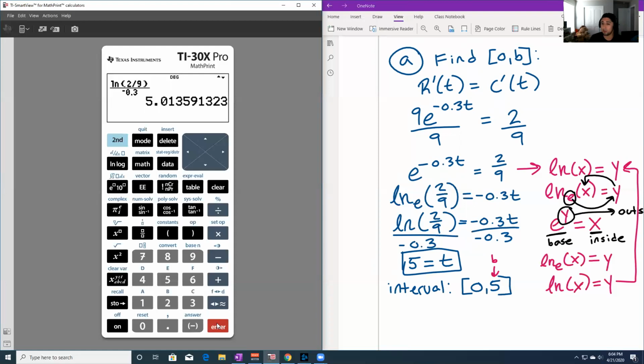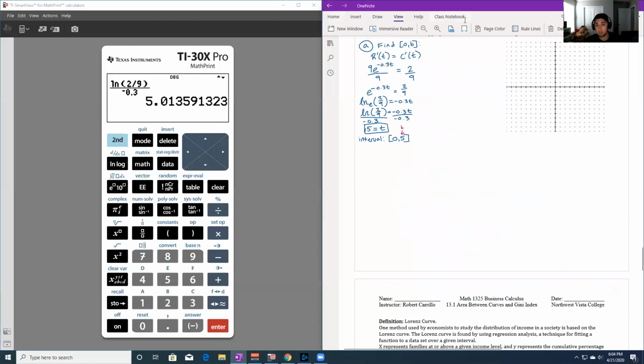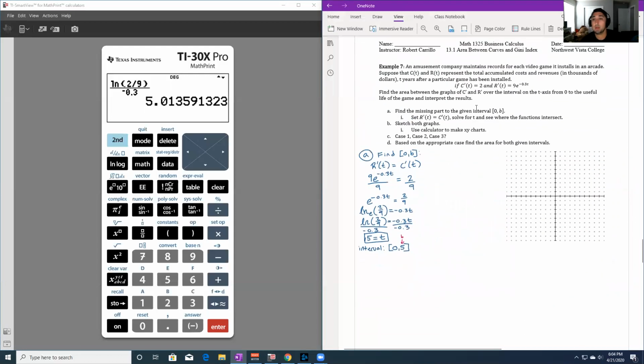I'm erasing everything on the right side. There we go. Okay, that was step A. We found the interval 0 to 5. 5 was our b value.